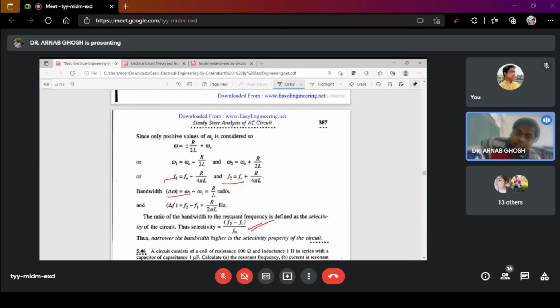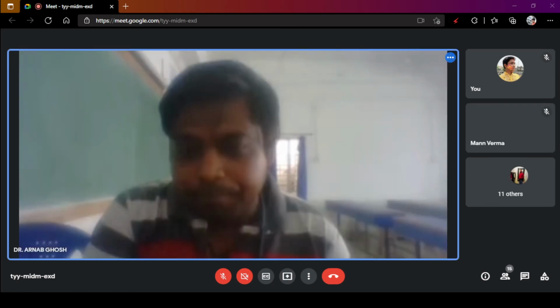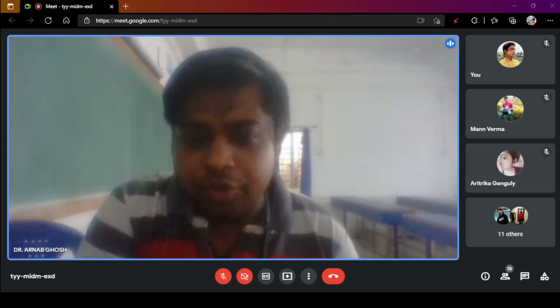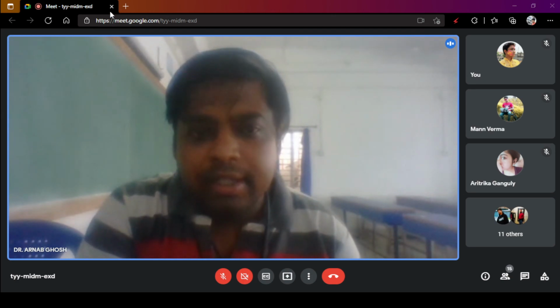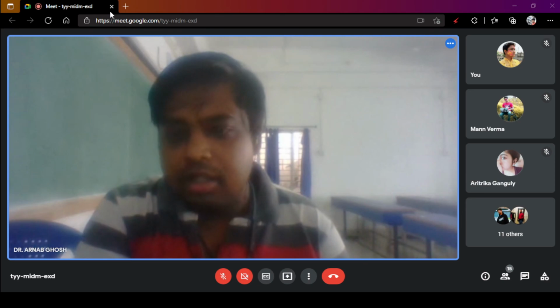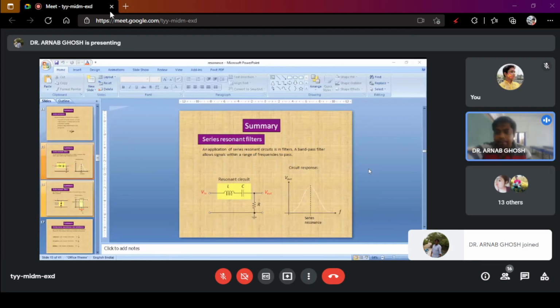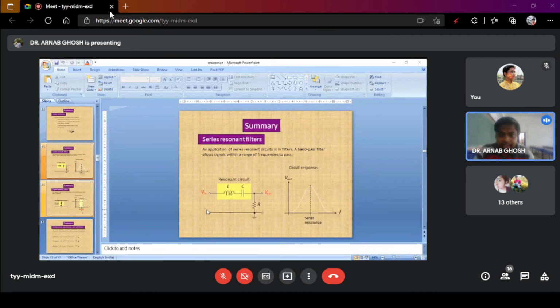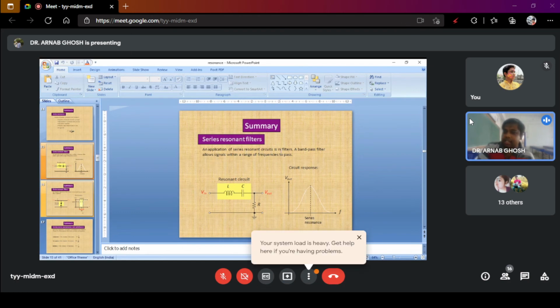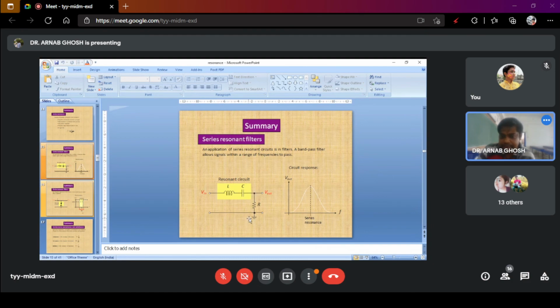So I will just show you two things before I close off the class. Just 1 minute I will take. Is this visible to you? Okay, so just look at this. This is the structure of a band pass series filter. So the series resonant filter, which is a band pass filter, the structure is like this.